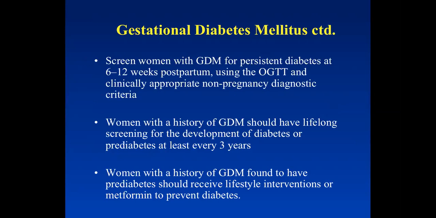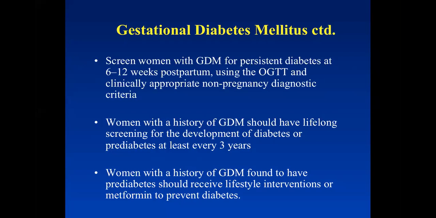Women who had gestational diabetes should be checked again at 6 to 12 weeks postpartum after delivering the baby, to see whether they have persistent diabetes after the pregnancy, because women with gestational diabetes are at higher risk of having persistent diabetes.